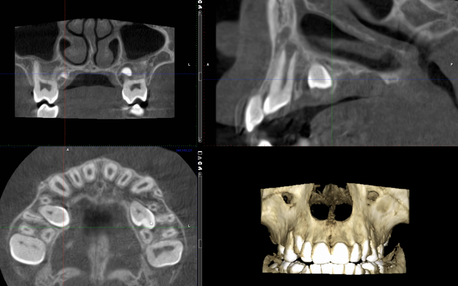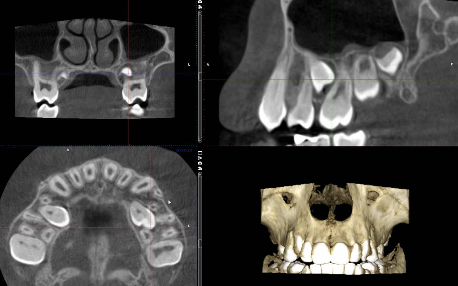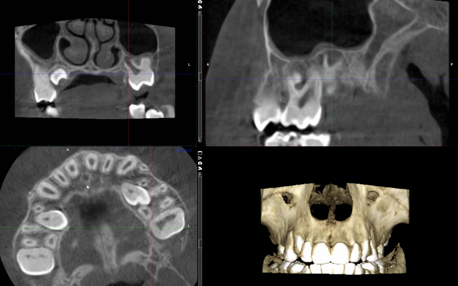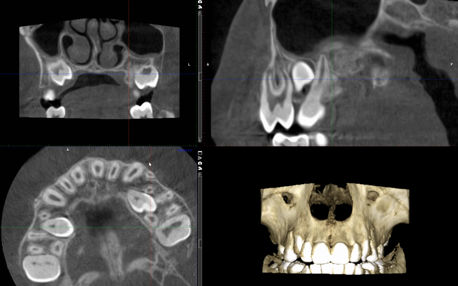So now the question is, is there a root resorption or not at these roots? So what I'm going to do is bring that red line over and slightly rotate the volume. So once again, I can have this red line go right through the buccal and palatal root of the first premolar, as well as this impacted tooth number 13 and the palatal root of number 14.